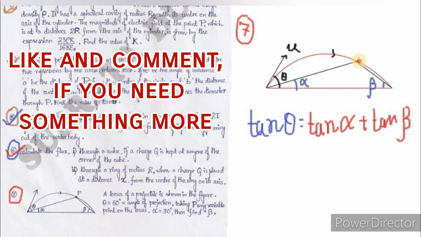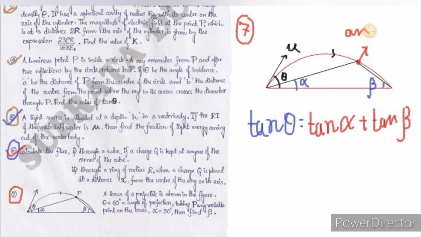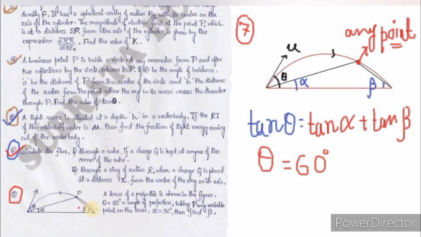Now this is the formula for any position, for any point on its path, on the locus of a projectile: tan theta is equal to tan alpha plus tan beta. Remember, for any point. So here theta is given, that is 60 degrees.